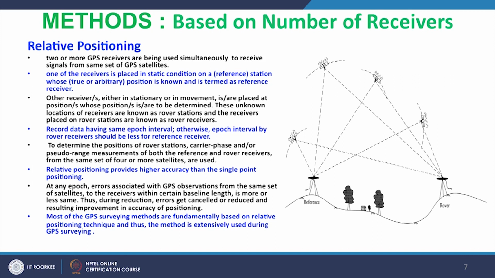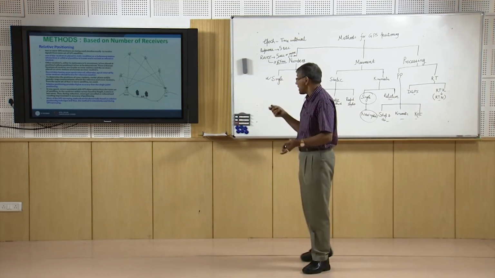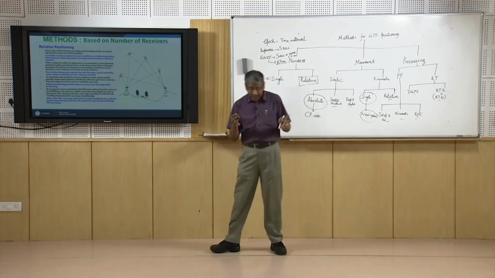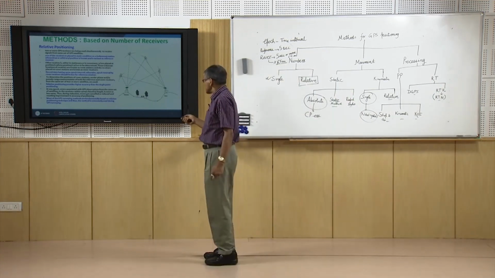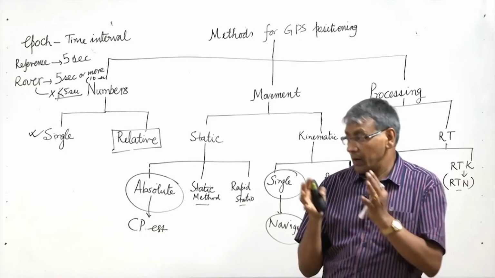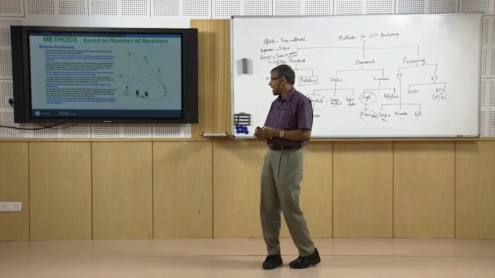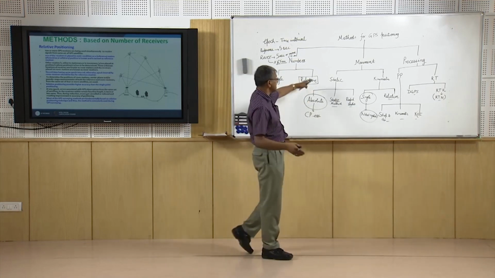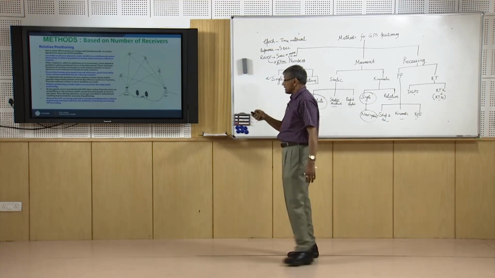So when we process together, identical errors will cancel each other, and that will lead us to better positional accuracy. That is the idea behind relative positioning. So for any accurate GPS surveying, we always go for relative positioning, and relative positioning is widely prevalent among all the methods, as I have told you. So it is to be understood nicely.